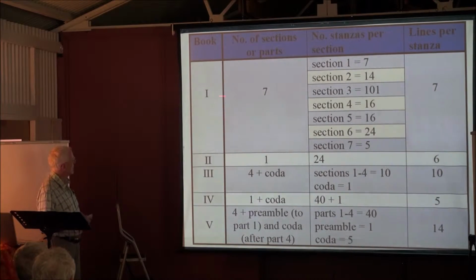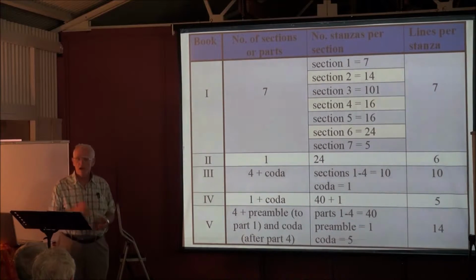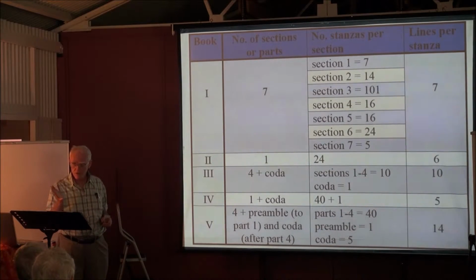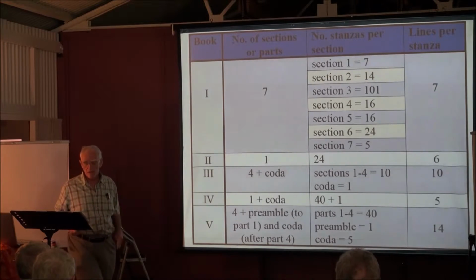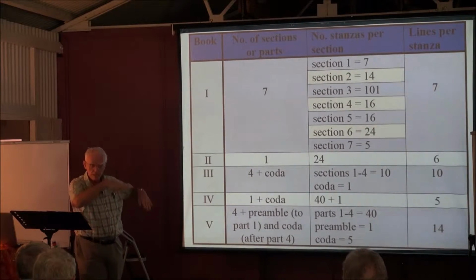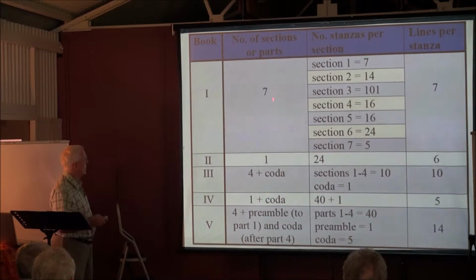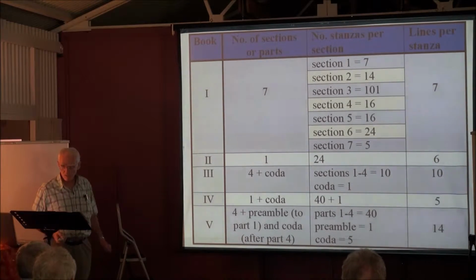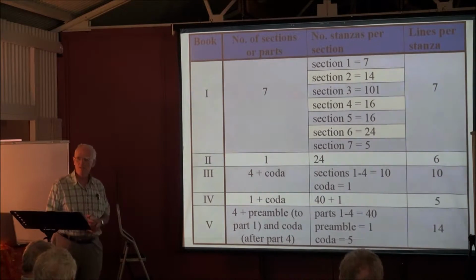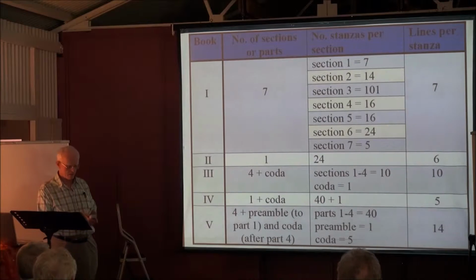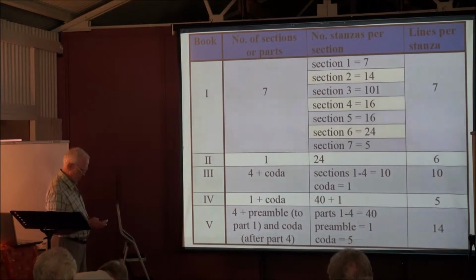The first book has 7 sections, and I'm not just saying my subjective determination. These are actually formal separations that he's created. In the first part, he has a dividing line, dividing one section from another. 7 sections. The love song of John Carey is 1 section. God's speaking has 4 sections and a coda.